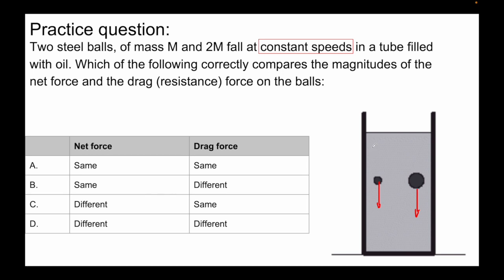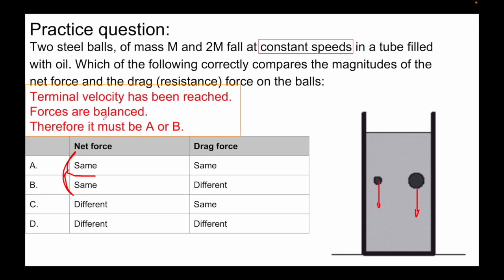The net force on each is the forces downwards and the forces upwards added together. Terminal velocity has been reached, so the forces are balanced, and the net force will be the same for both. Therefore it's got to be either A or B.